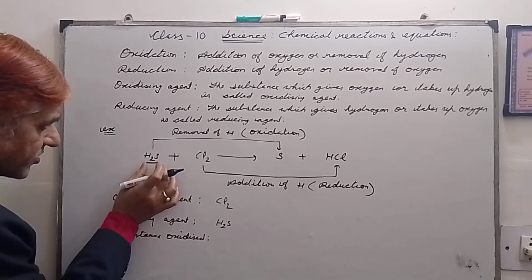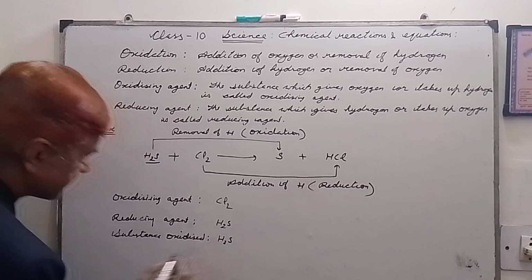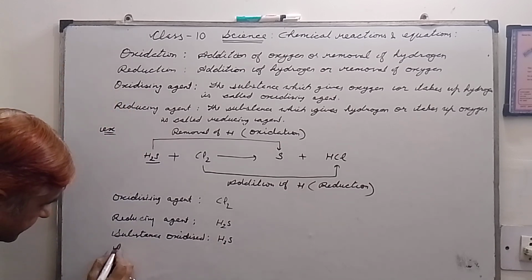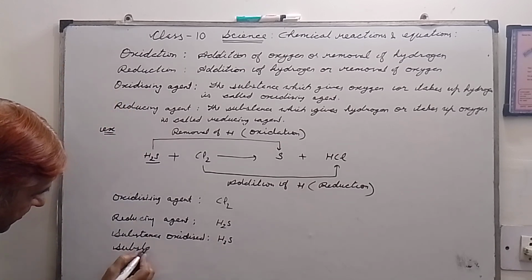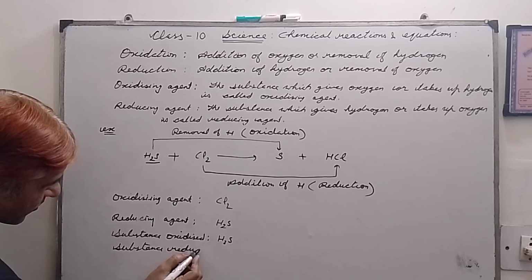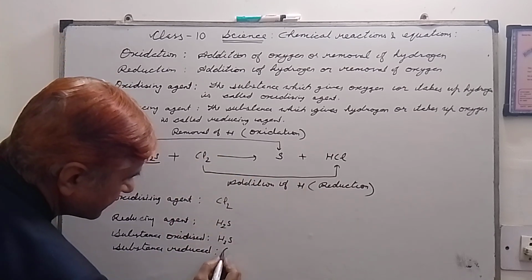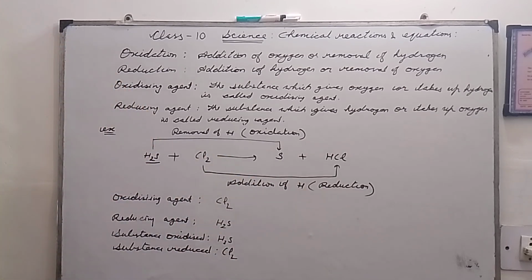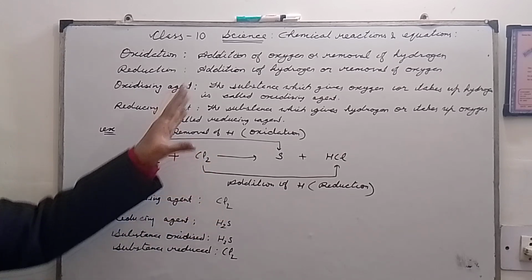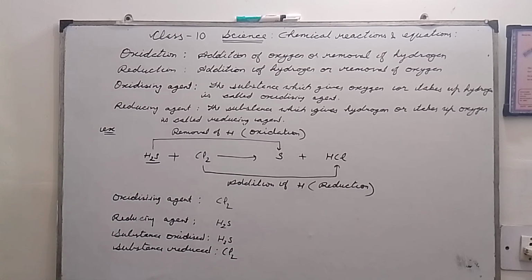The substance getting oxidized is H2S. Substance reduced, obviously Cl2. So my dear students, I think that all these things are clear to you. Let's take another example, one more equation.